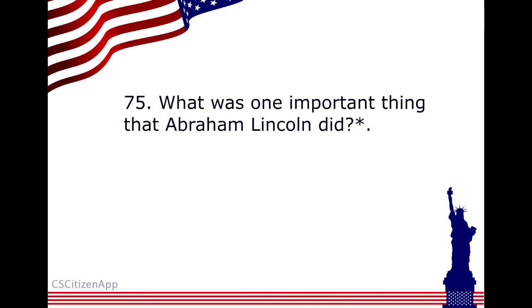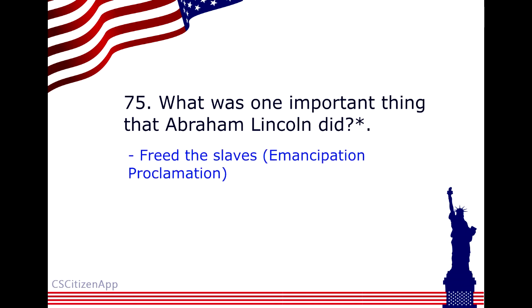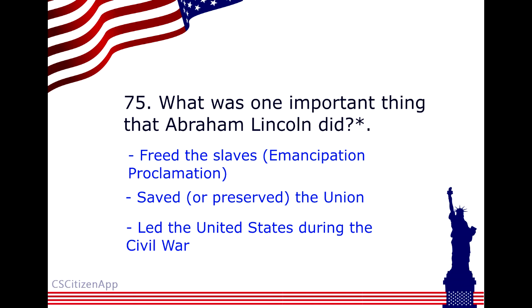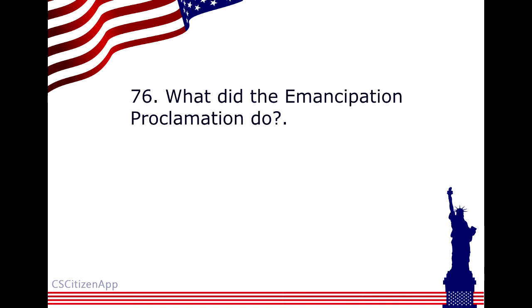What was one important thing that Abraham Lincoln did? Freed the slaves. Emancipation Proclamation. Saved or preserved the Union. Led the United States during the Civil War. What did the Emancipation Proclamation do?